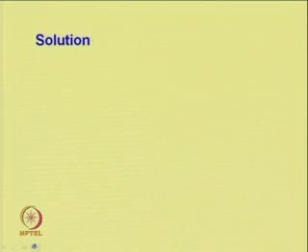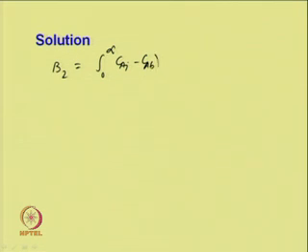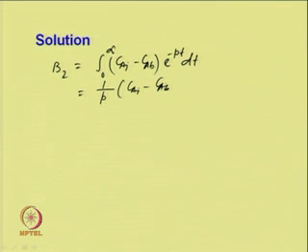So, now B_2 is equal to integral 0 to infinity C_AI minus C_AB e to the power minus p t dt, which is equal to 1 by p C_AI minus C_AB.